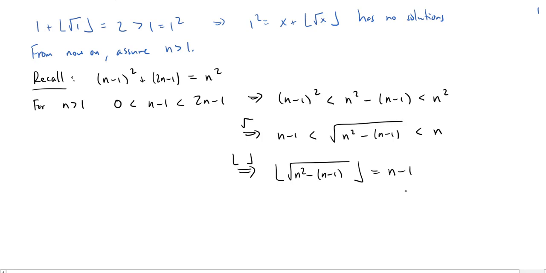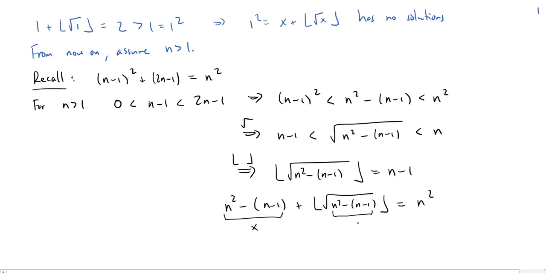And so if I take n squared and subtract n minus 1, so that's this number in the middle, and I add to it the floor of the square root of n squared minus n minus 1, notice it's the same number, I get n squared minus n minus 1 plus n minus 1, which is just n squared. And so this right here is what I can treat as my x.